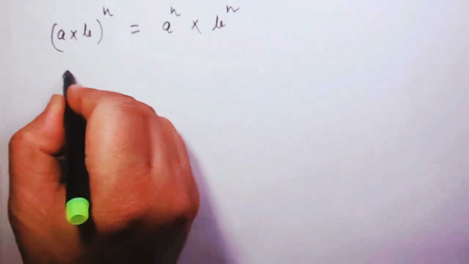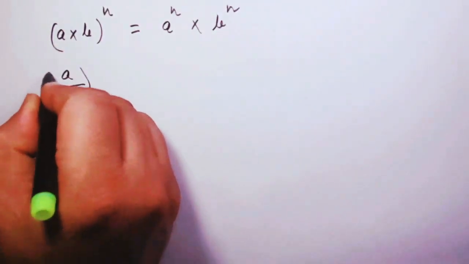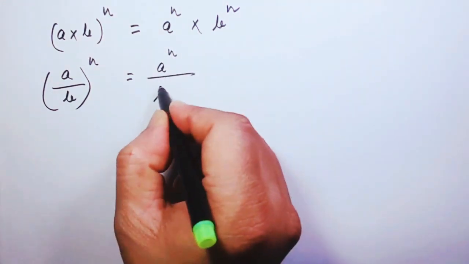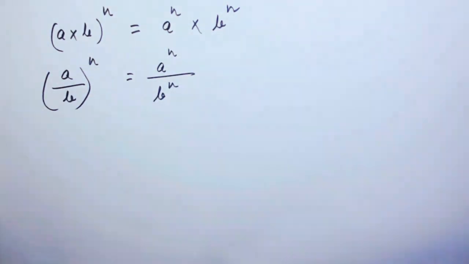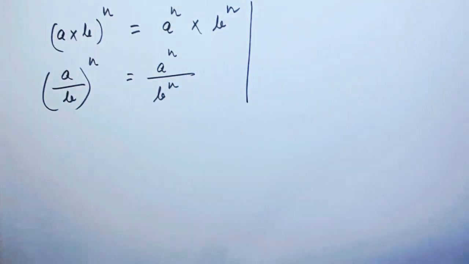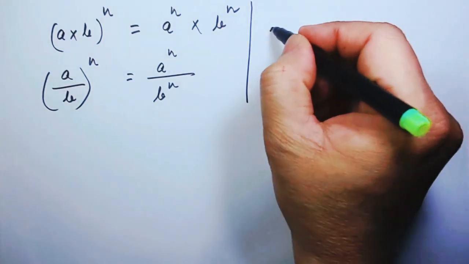Similarly, if a by b is raised to the power n, we get a to the power n by b to the power n. Fine?